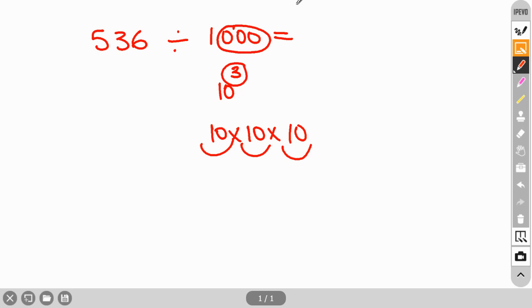Now, I don't want you to memorize: do I shift right? Do I shift left? You have to understand your place value chart.